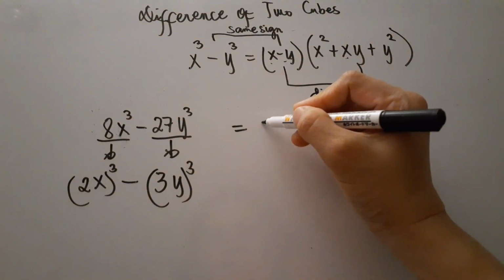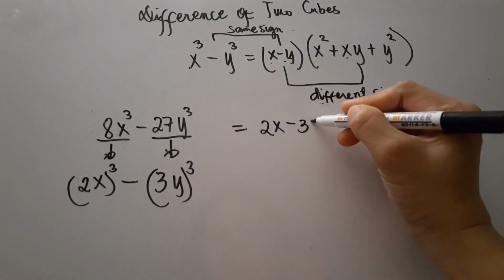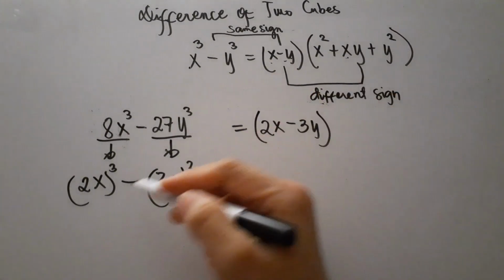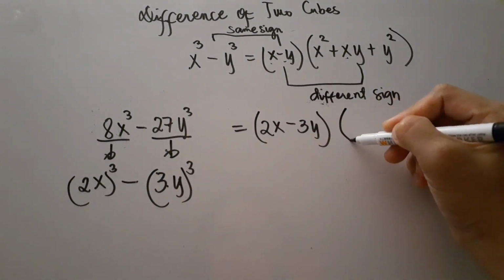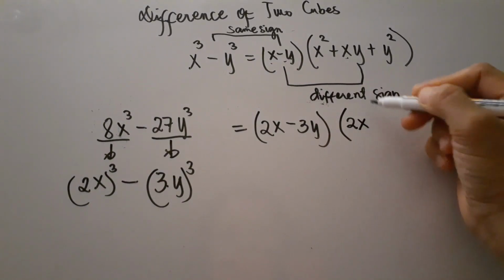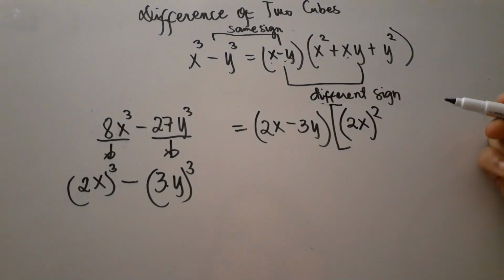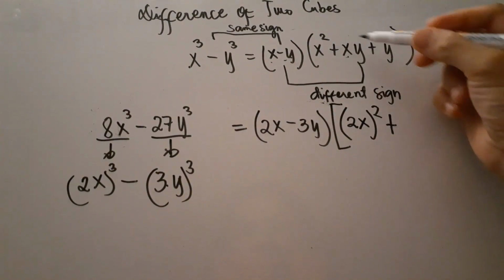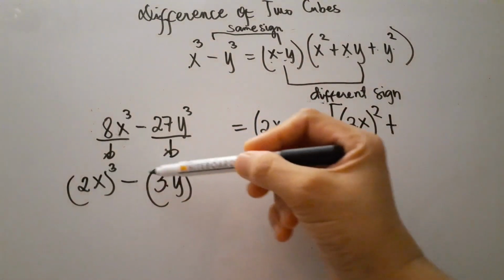We copy this, 2x negative 3y. Then our second term, which is the trinomial, which is the square of 2x. Then positive, we combine together our first term and last term.